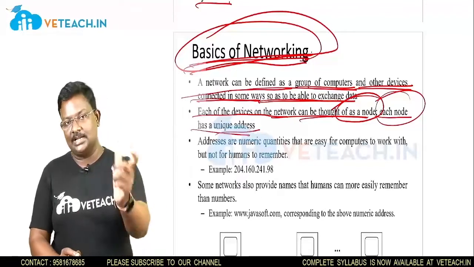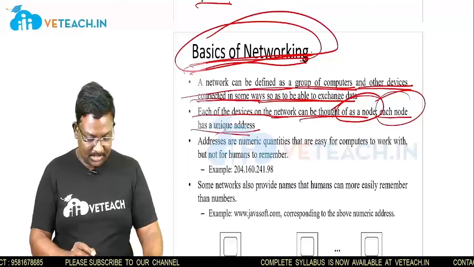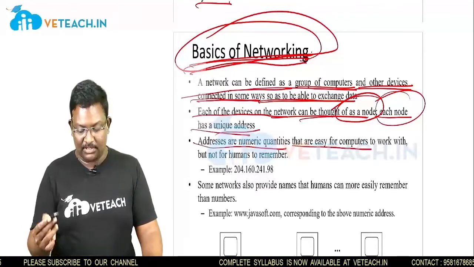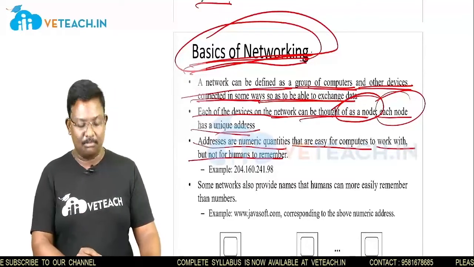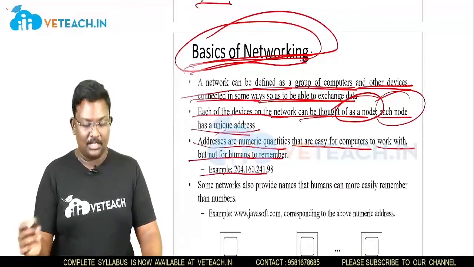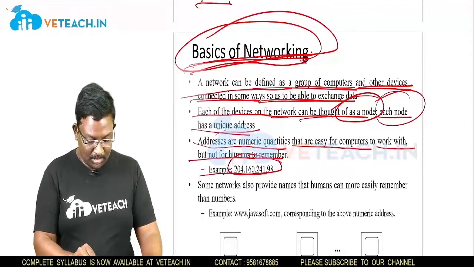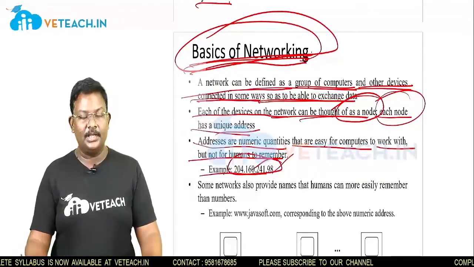To send data, that address is needed. To receive data, that address is needed. Addresses are numeric quantities that are easy for computers to work with, but not for humans to remember. An example is the IP address given here: 204.160.241.98.